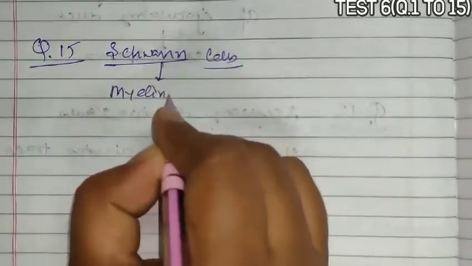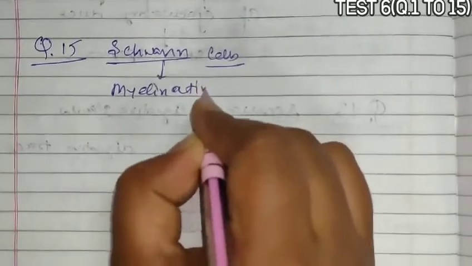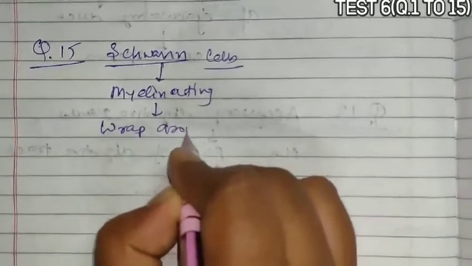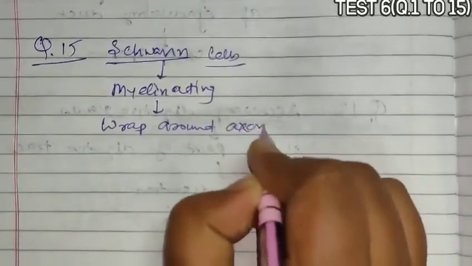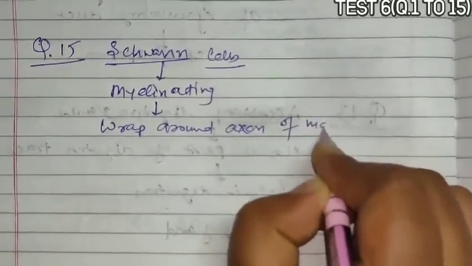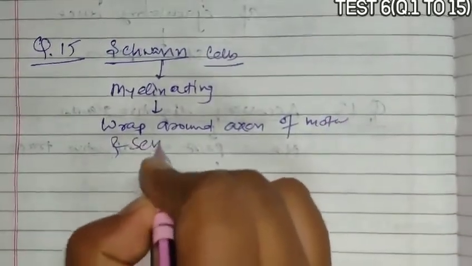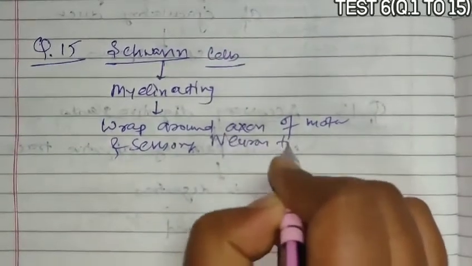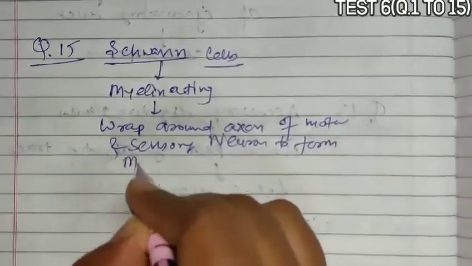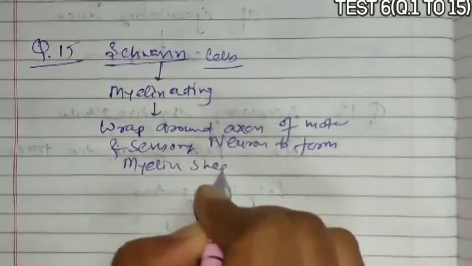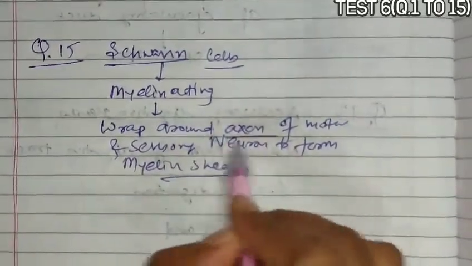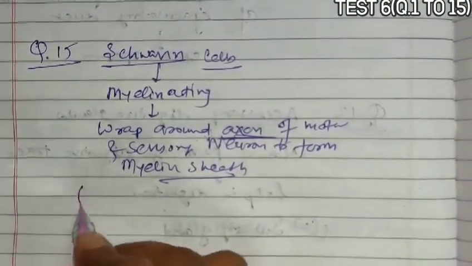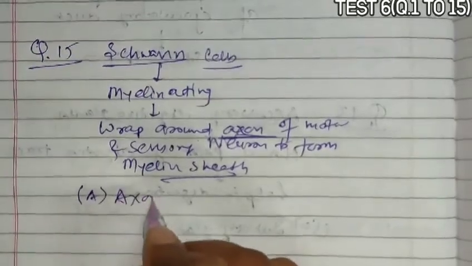But myelinating Schwann cells are those which wrap around axon of motor and sensory neuron to form myelin sheath. So that particularly found around the axon in the form of myelin sheath. So A become the correct answer, that is axon.